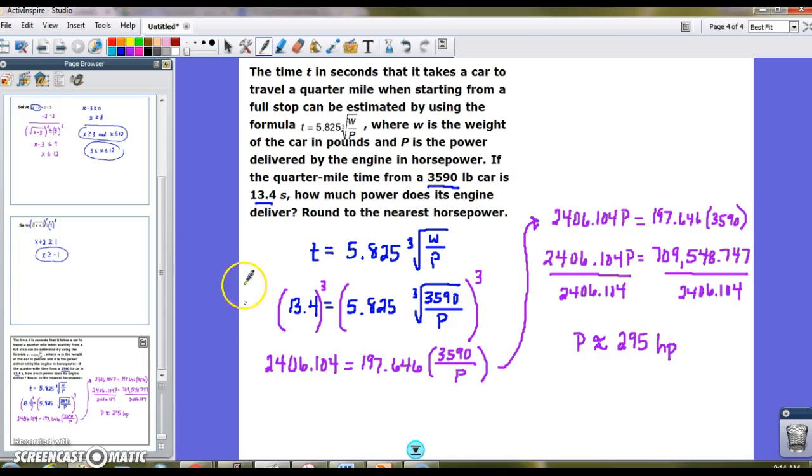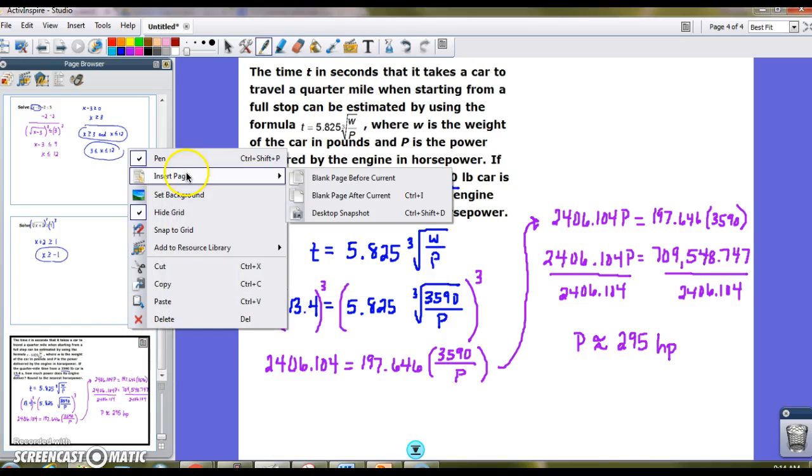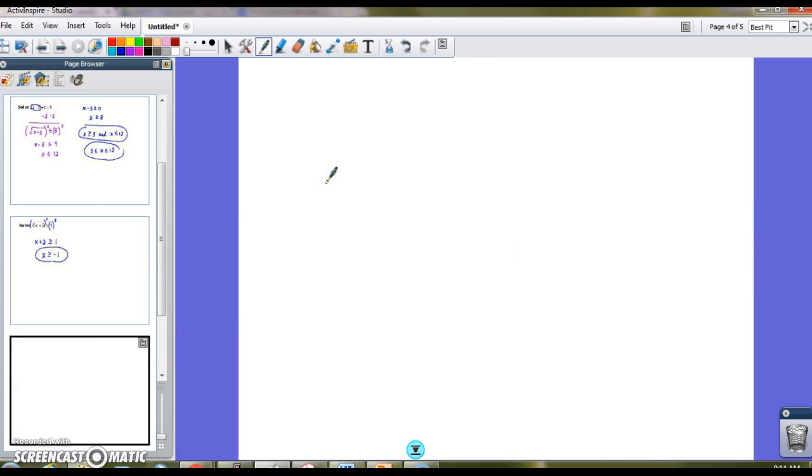There is one problem on the sheet that has radicals on both sides. That's problem number 13. In problem number 13, I'll give you a little hint here.